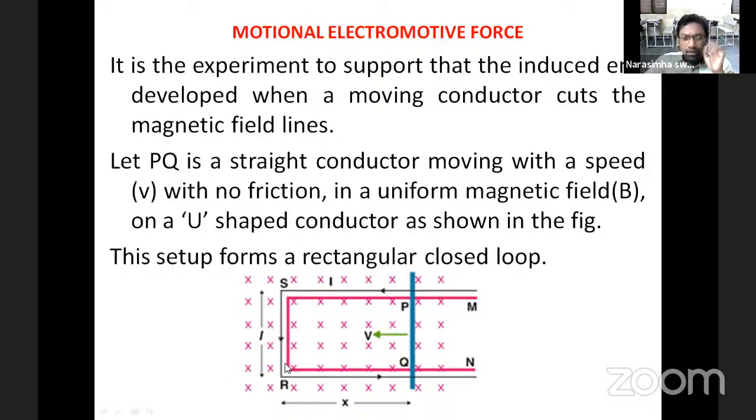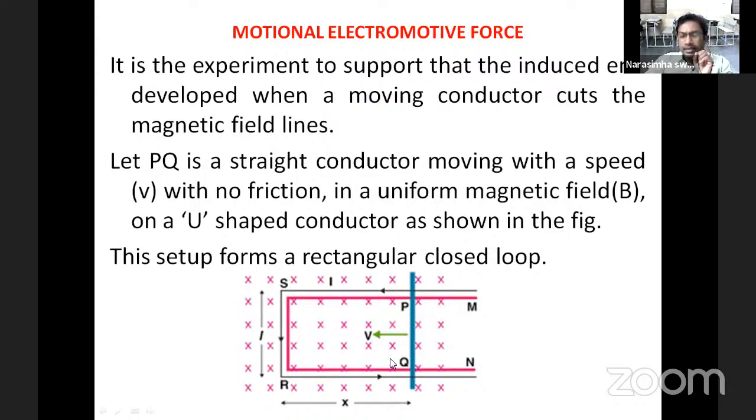Now observe these lengths. SR is the width of the frame, that is x, which is fixed. And QR is the displacement, meaning length. For example, SR is the width and RQ is the length.